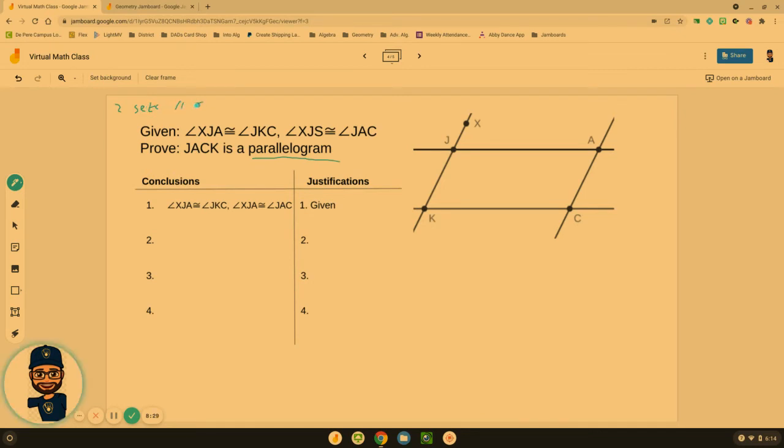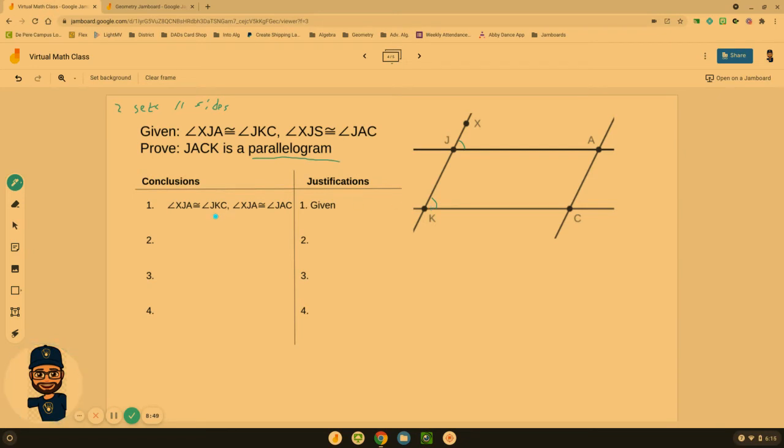So I need to show somehow that both sides are parallel. First thing they give me, XJA is congruent to JKC. Boom. I know this angle is congruent to this angle.